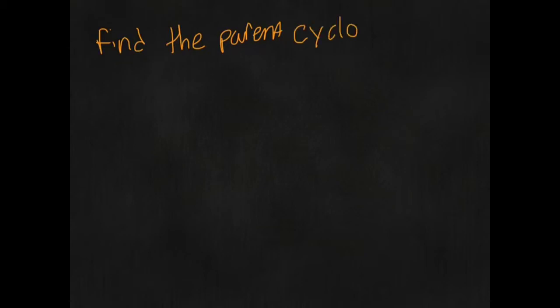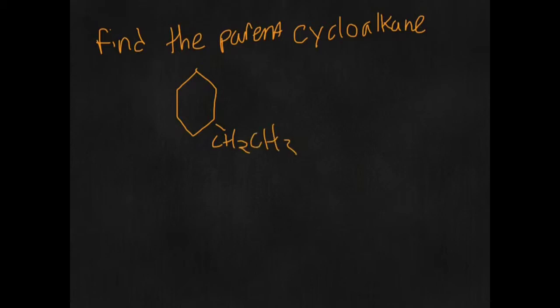Let's just do an example. Find the parent cycloalkane. So if we have one that's just drawn like this, and we have CH2CH3, and then one coming off here, which is just CH3.